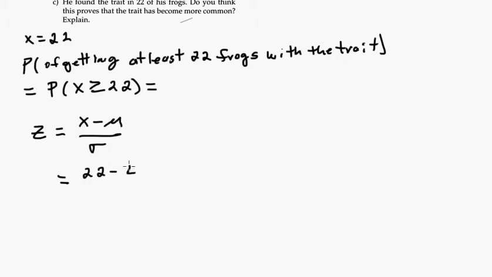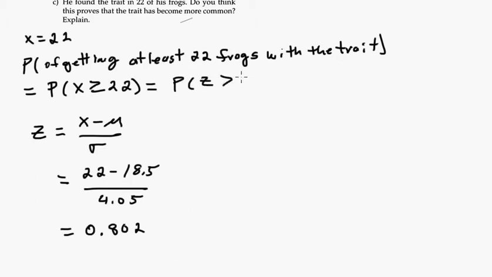This is 18.5 and 4.05. So we get 0.8 something, 0.802.